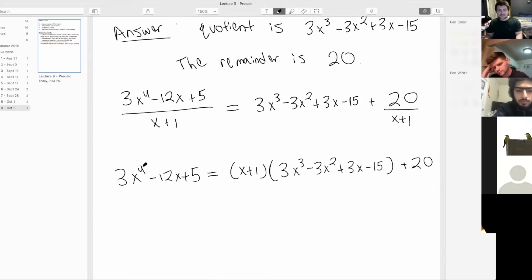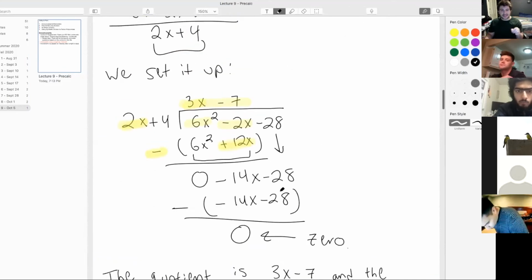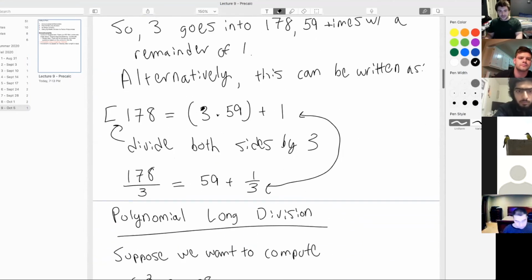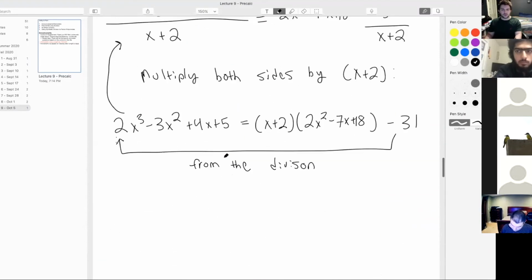So this is just by the definition of division, and you can see that by our example from the beginning of class when we did 178 divided by 3. You rewrite 178 as 3 times 59 plus 1. It's the same thing, but you do it with polynomials.